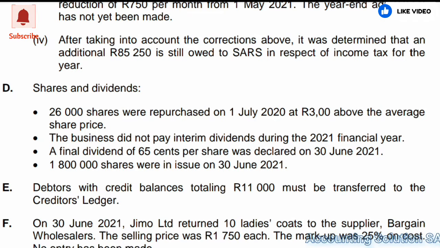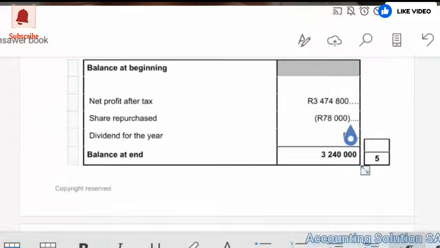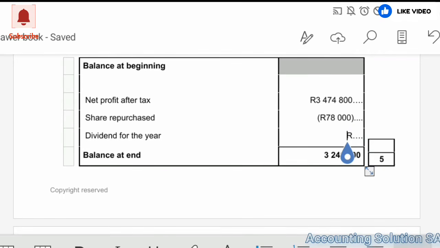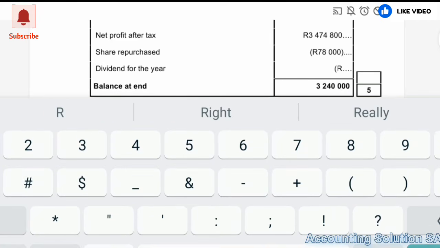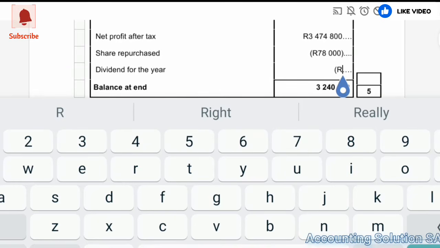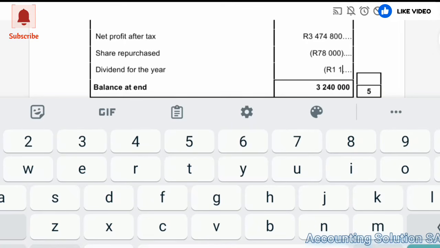Our final dividend: we have 1.8 million shares, and we allocate each share 65 cents. 1.8 million multiplied by 0.65 gives us the amount of 1,170,000. Because we paid a dividend, guys, which means we take money out of the company and pay it to the shareholders, we're going to have a bracket, because it's reducing the profit after tax that we have made.